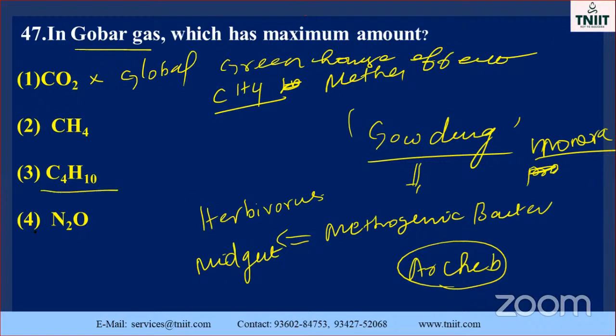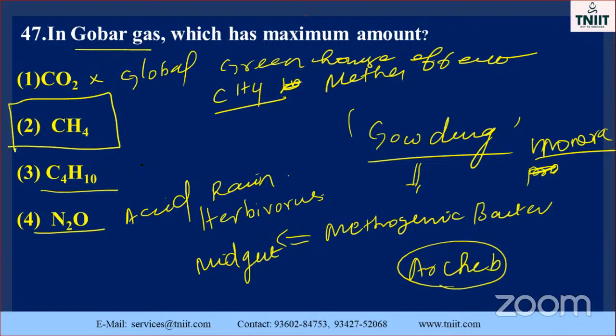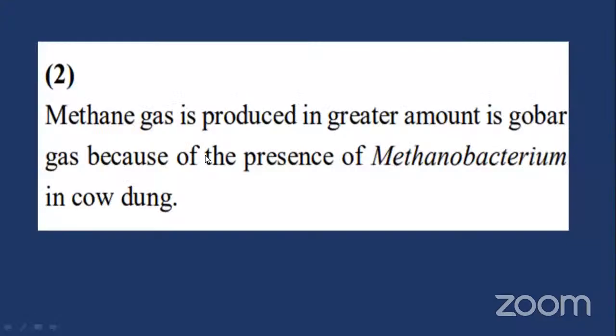This one we do not know, nitric acid, acid rain. The Gobar gas has the maximum amount of which one? Methane only is the correct one. Okay, my dear, go to the next one. Methane gas is produced in a greater amount in Gobar gas because of the presence of methanobacterium in the cow dung.